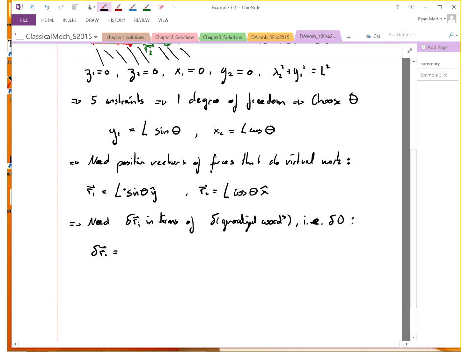So I apply the chain rule, so L is a constant, and the derivative of sine theta is cos theta, so I'm left with L cos theta delta theta y hat. And the same with delta R2. Delta R2, the derivative of cos will be minus sine, so I'm going to have a minus L sine theta delta theta x hat.